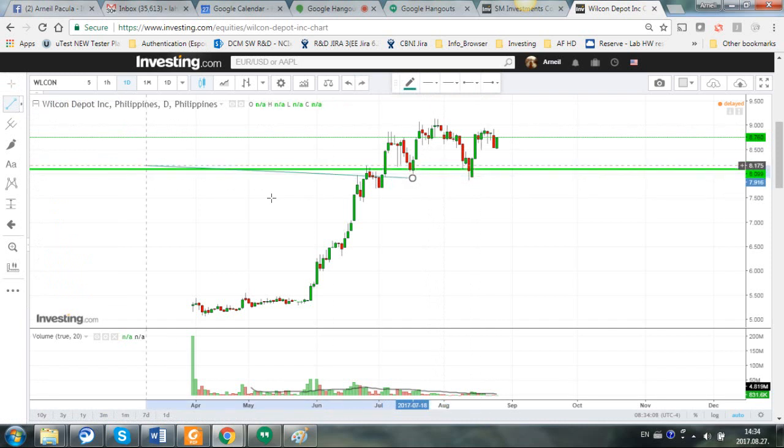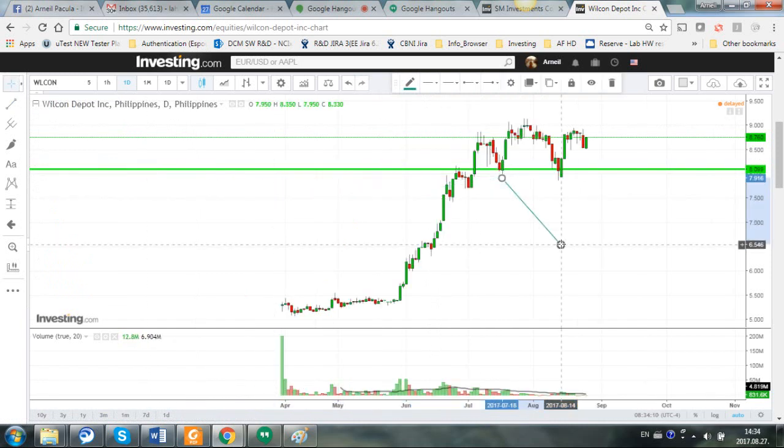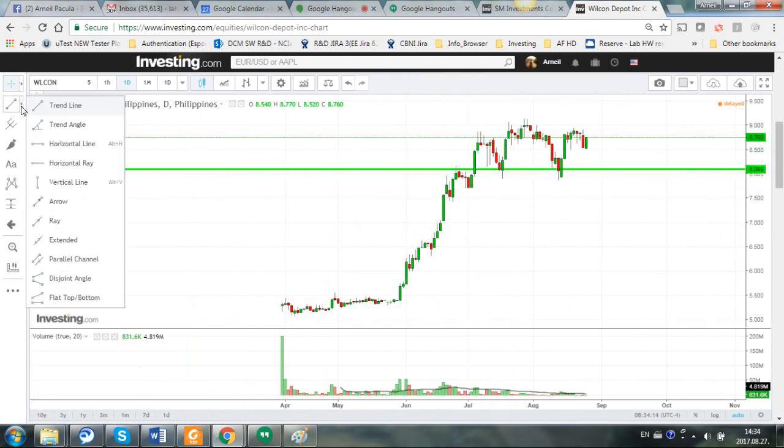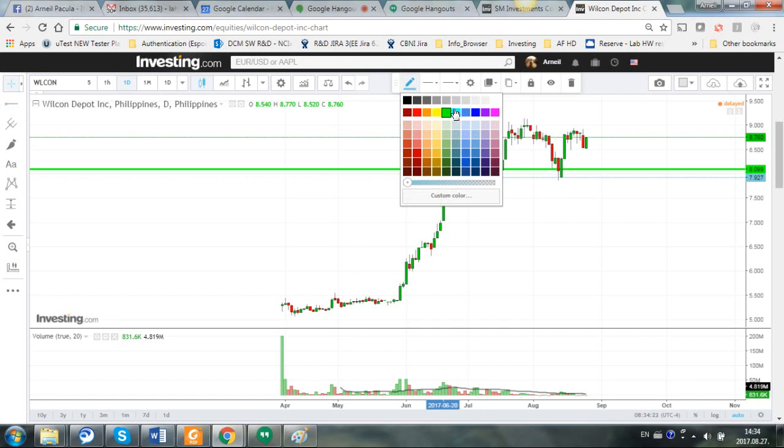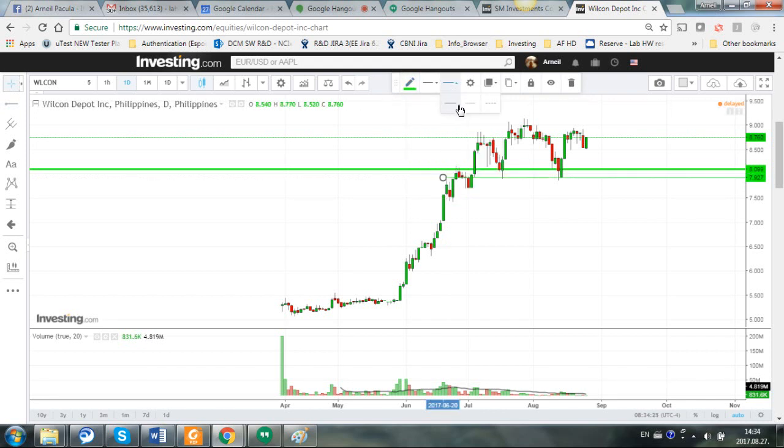Okay, so as I have said, kailangan natin ng horizontal ray kasi mas madali siya i-plot. So yeah, common point. So I colorize it with green. So i-delete ko muna yung isa.